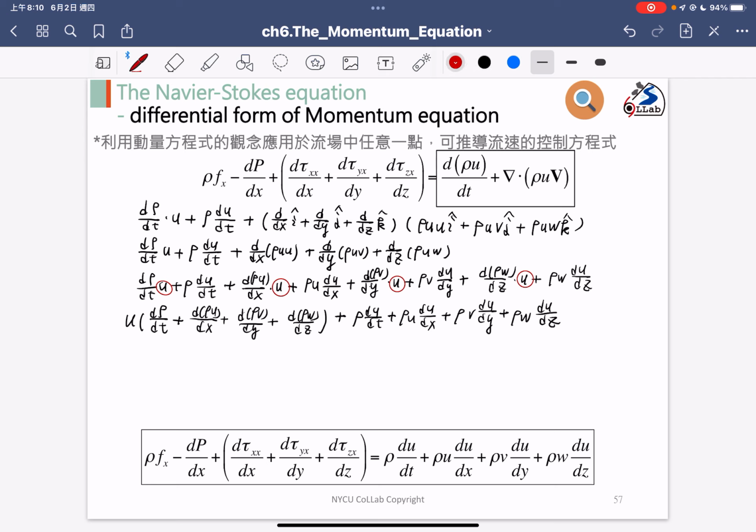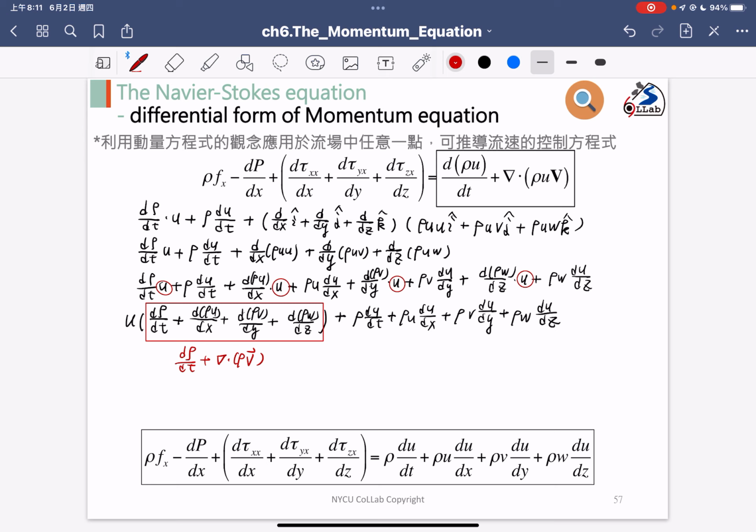Okay, so the question here, if you take a look, the item shown here is equal to the differential form of the continuity equation, right? The continuity equation is dρ/dt plus the divergence of the ρV vector, right?